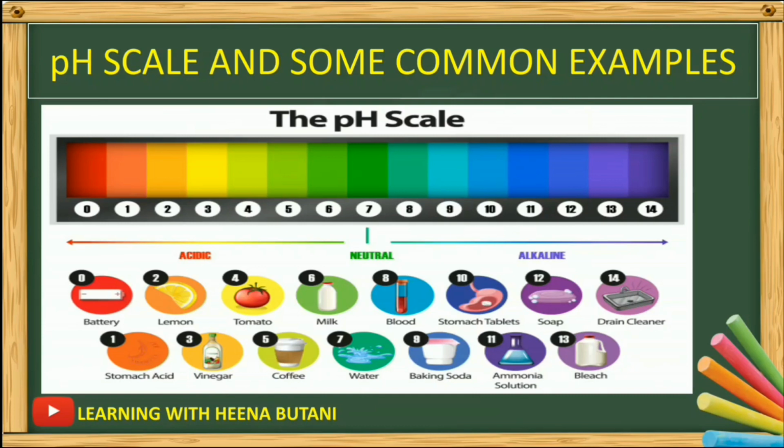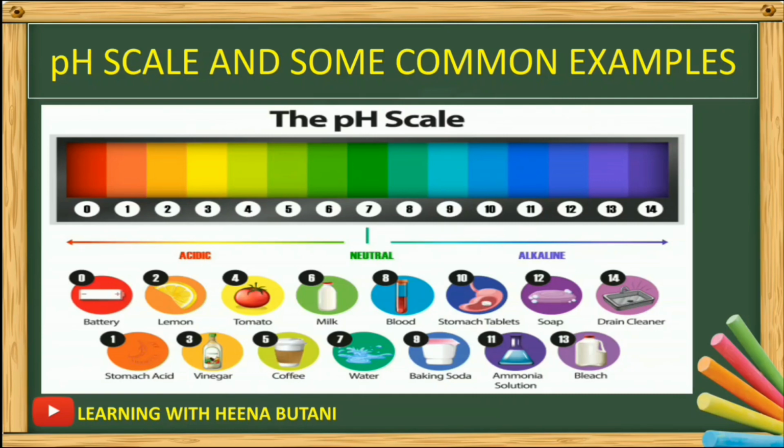Lemon, which we also use in our daily life, is acidic in nature, it has pH 2. Then vinegar, which we use in our kitchen for making some food items, is also acidic in nature, it has pH 3. Then tomato, again acidic, has pH 4.